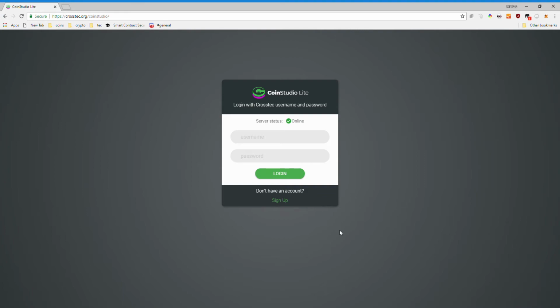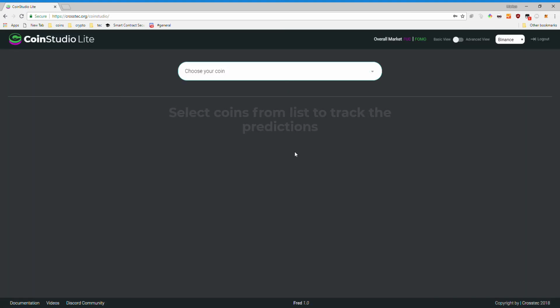So then let's get right into it and log in. This is basically the interface of CoinStudio Lite. It's really simple.